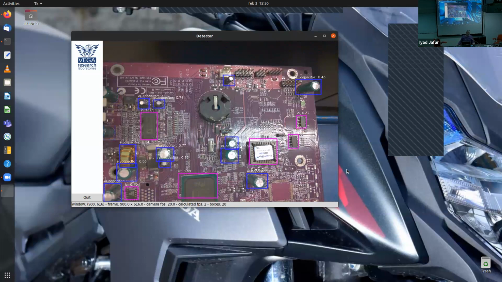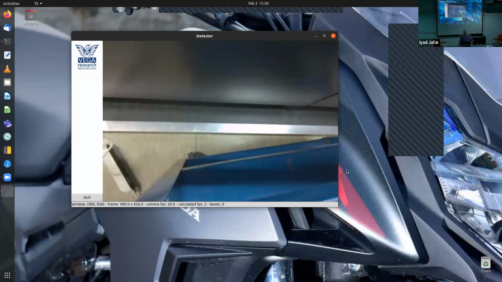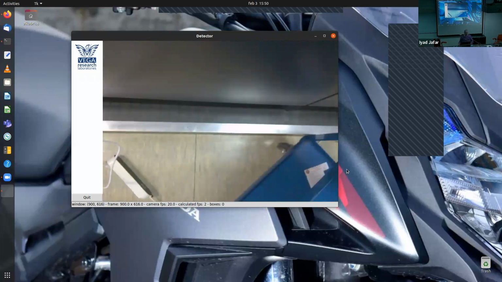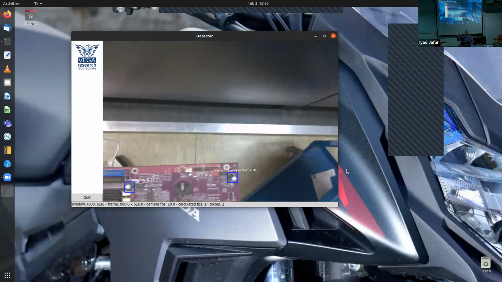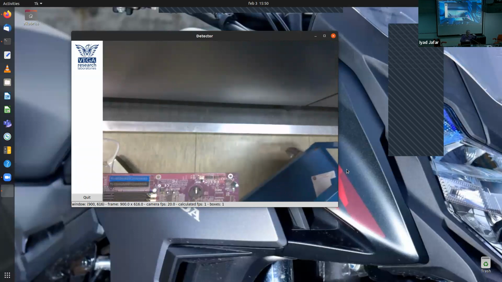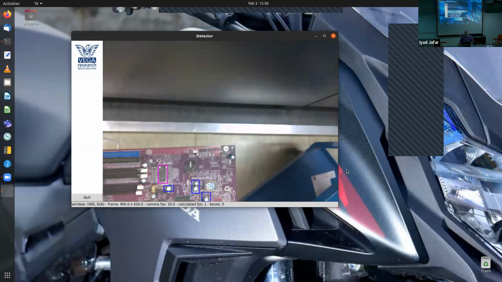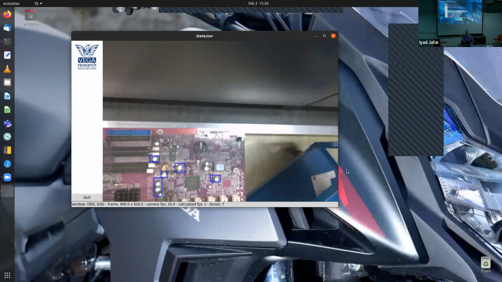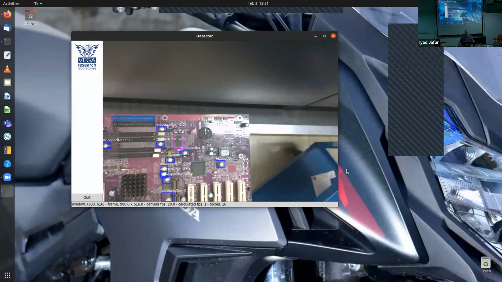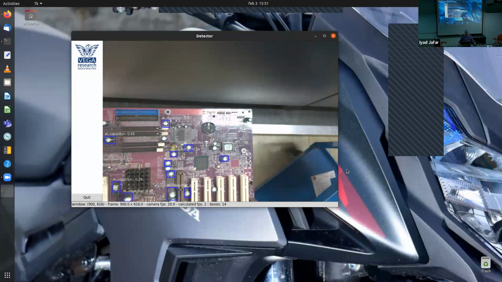Yes. Is there any need for calibration, like the distance to the board? No, at this moment there is no need, because when I performed the training, I used images with different distances and different resolutions. In my office it was closer, and here, you see, it can still detect the components.